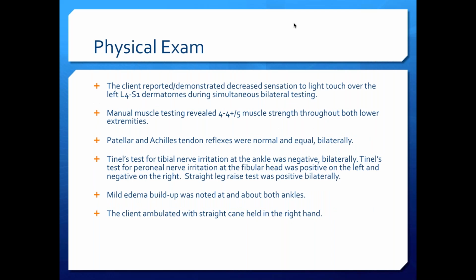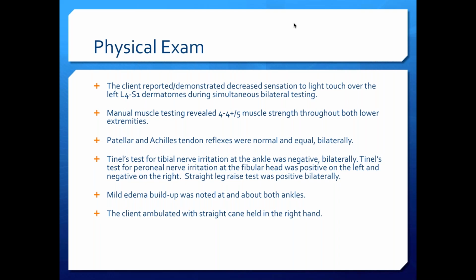So the physical exam, there's the findings in the physical exam. He complained of decreased sensation to light touch, and he had evidence of decreased sensation to light touch in the entire L4 through S1 dermatome. So a little bit confusing presentation there, and bilaterally. Manual muscle testing was fairly normal, maybe a little bit weak, about 4- to 4+ on both lower extremities. His reflexes were normal.